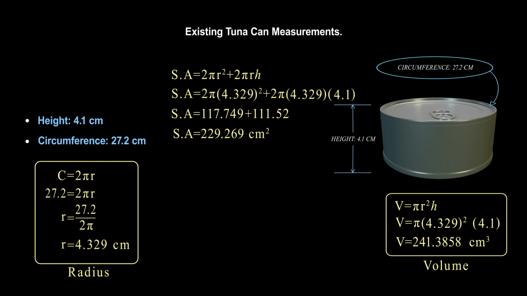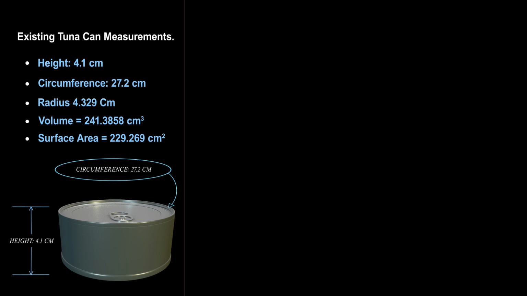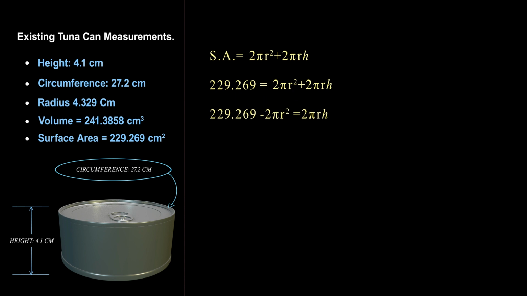Before we move to the next step, let's clean this up a little. Let's rewrite the surface area equation and use it to solve for the height h in terms of the radius r. Let's now substitute the values in the equation. 229.269 is equal to 2 pi r squared plus 2 pi rh. Subtract 2 pi r squared on both sides of the equation. We now have 229.269 minus 2 pi r squared equals 2 pi rh.